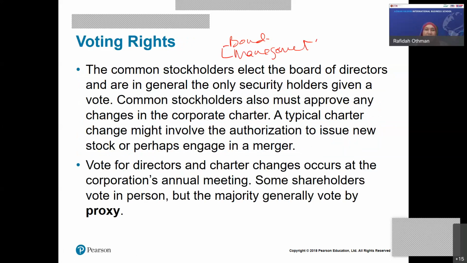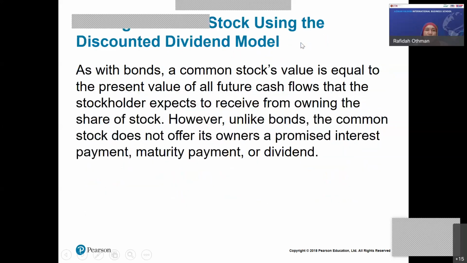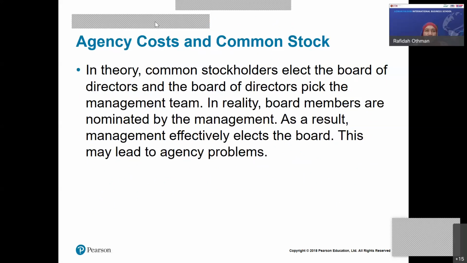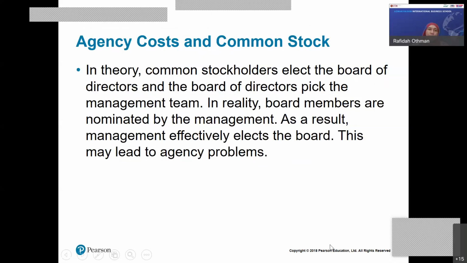All right, so let's do the valuation of the common stock. Agency cost is a theory which explains the relationship between the owner of the company, or the common stockholder, with respect to the managers.